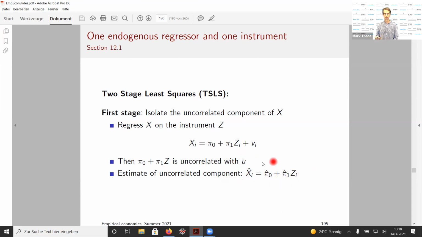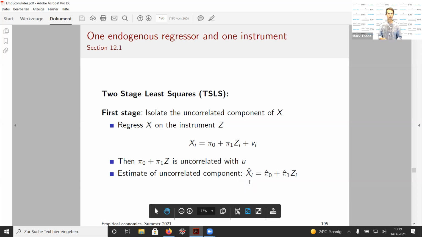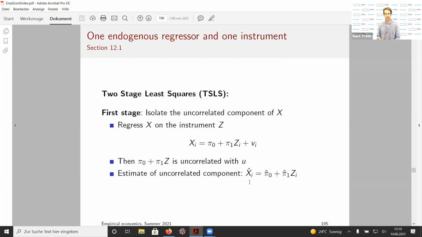And then we get the predicted values of X. And even though these are not perfectly uncorrelated with U in finite sample sizes, they are uncorrelated with the error term asymptotically. We haven't really defined properly what asymptotically means here, but let me just state that it's almost true that these components are uncorrelated with the error term.